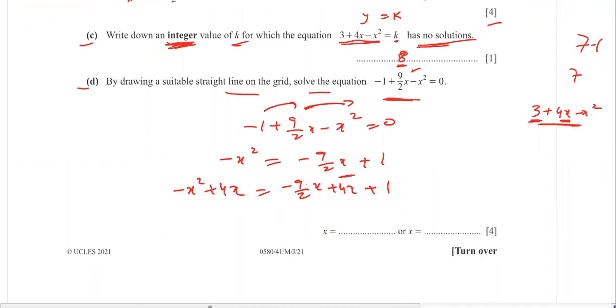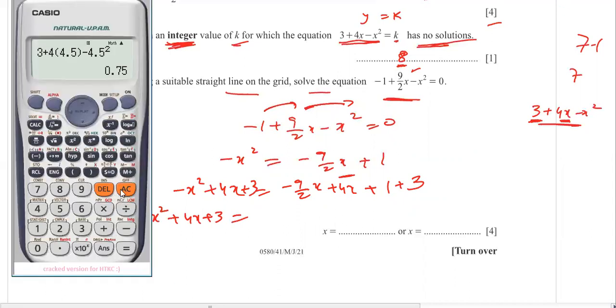Now I need 3 also. So add 3 on this side, so you must add 3 on this side also. Now simplify that. It will become minus x squared plus 4x plus 3 equal to minus 9 over 2 plus 4, which, if you take it on the calculator, is minus 1 over 2.